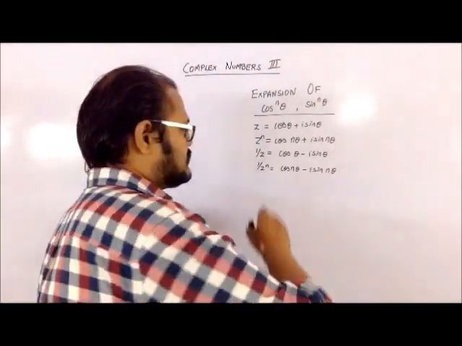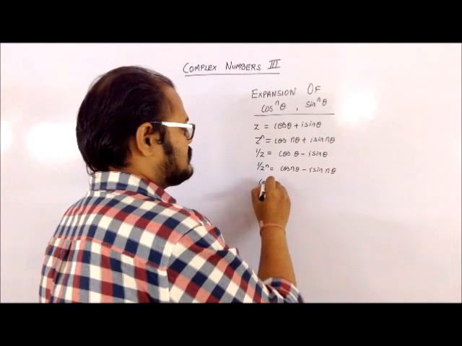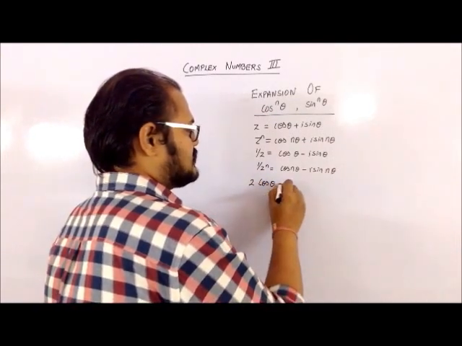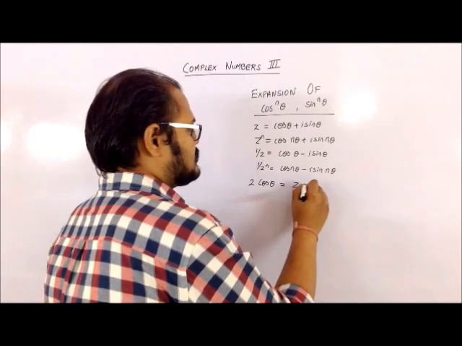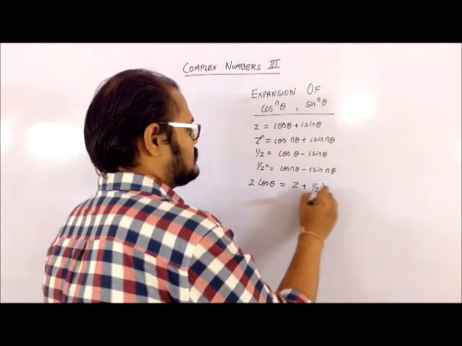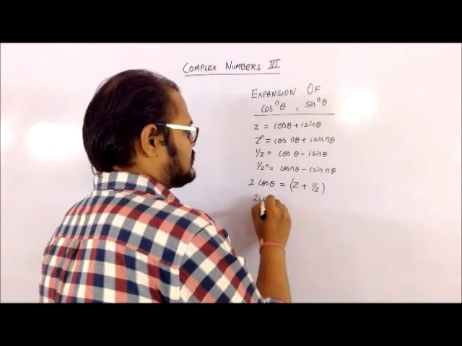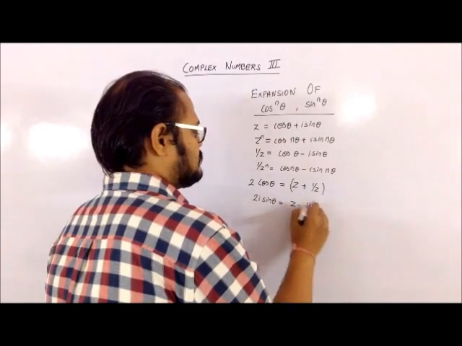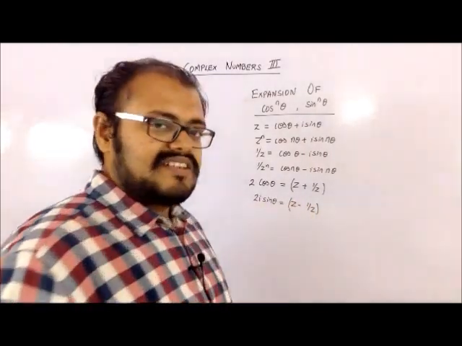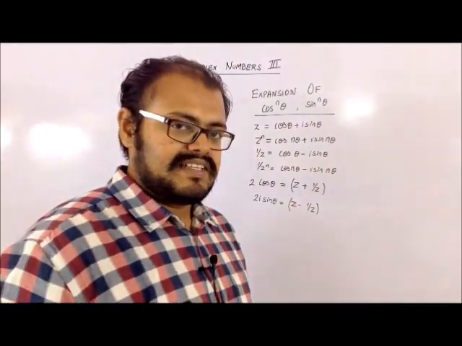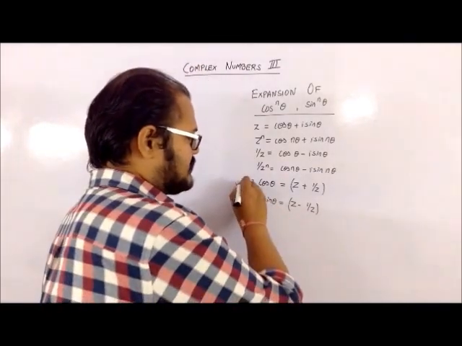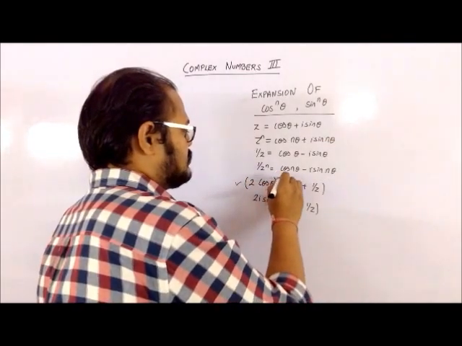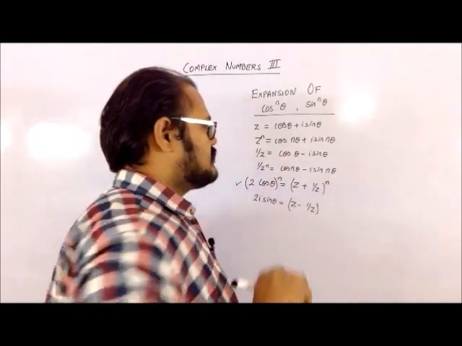Now from this I know that 2 cos theta is z plus 1 by z, and 2i sin theta is z minus 1 by z. So if the question is to find cos raised to n theta, you will take the first equation and take the nth power on both sides.